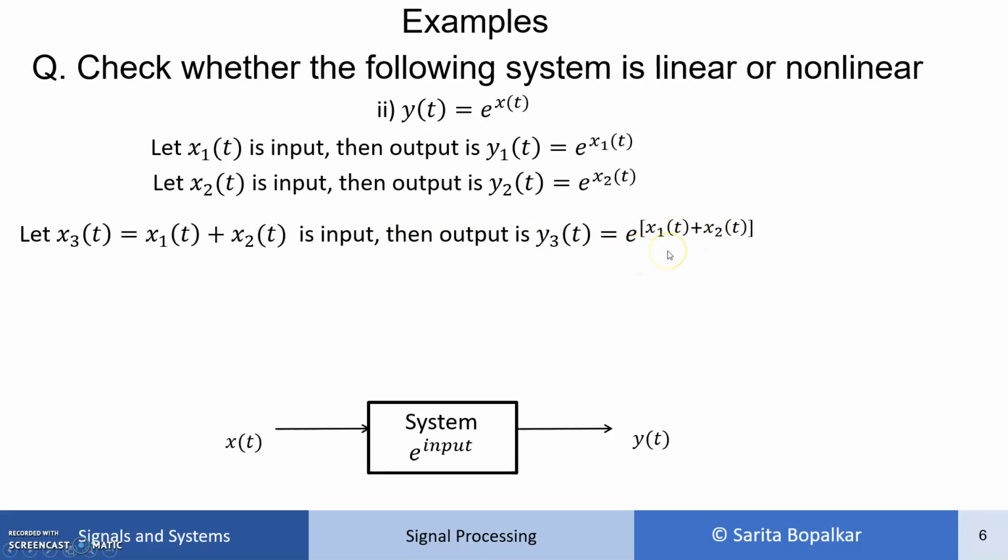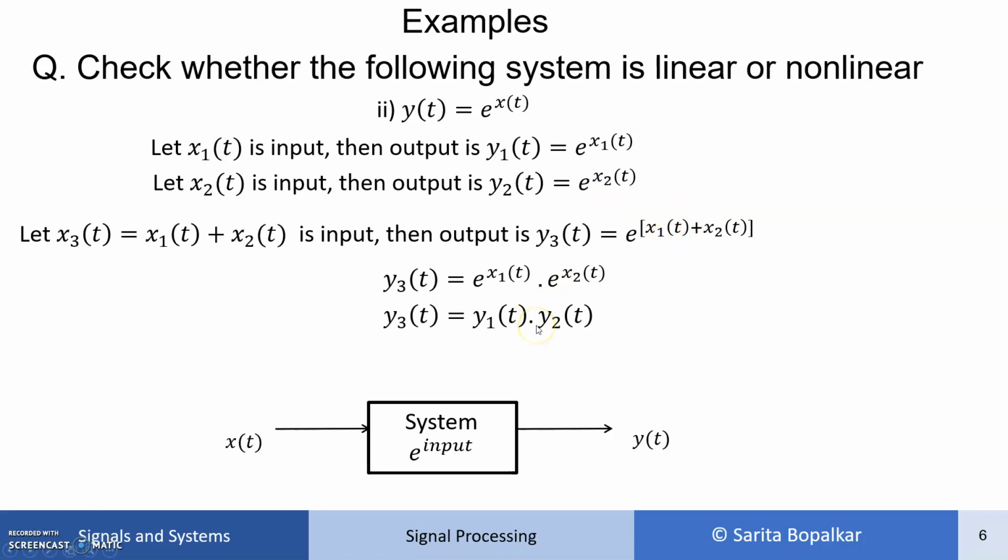Now let's solve this. We know e raised to x1(t) plus x2(t) is nothing but e raised to x1(t) times e raised to x2(t). Here it is not addition, it is multiplication. That's why this output is y1(t) times y2(t). It doesn't satisfy the superposition principle, because for the addition of two individual inputs, we should get the addition of the individual outputs.